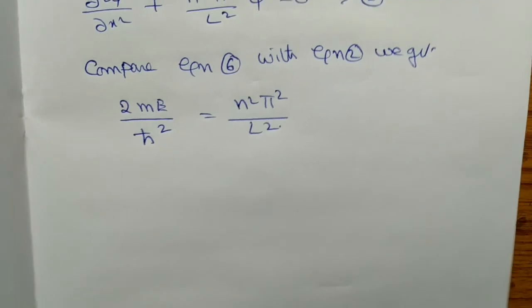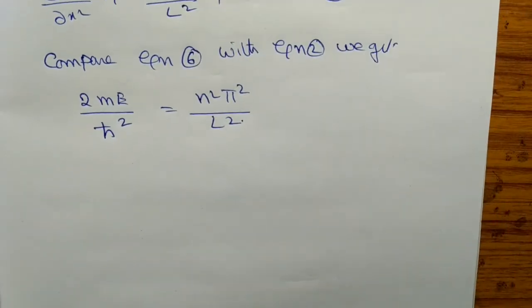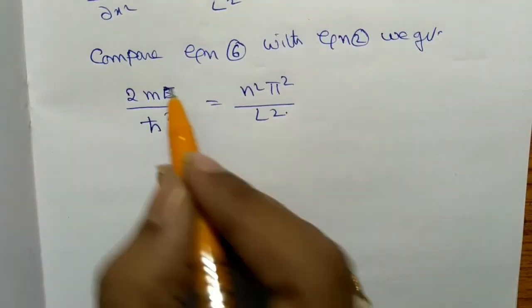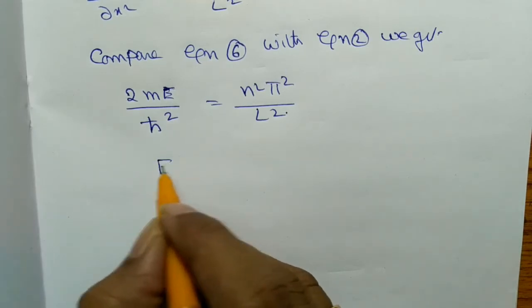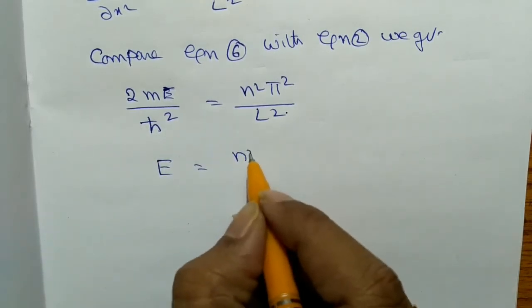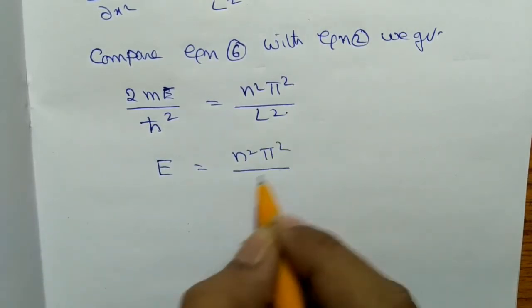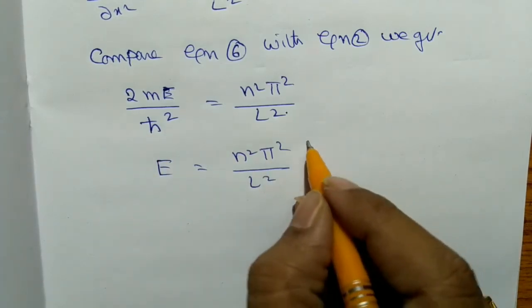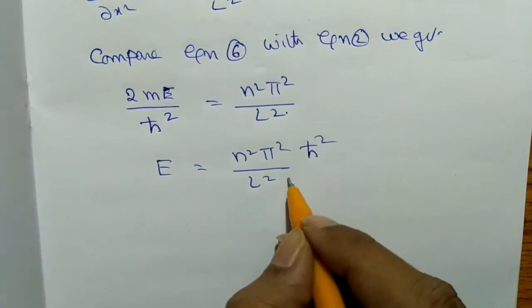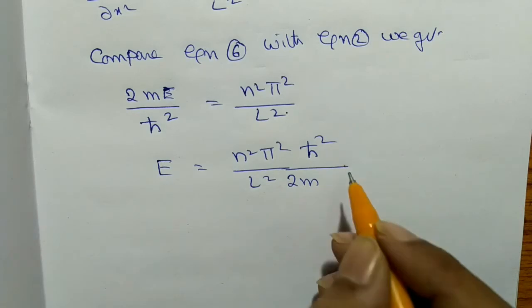Now we have to find the energy value E, that is E is equal to n square pi square by L square into h cross square by 2m.